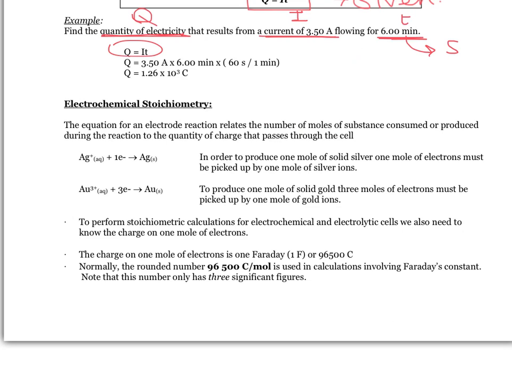So we write the formula Q equals I times T. Current is 3.50 amps, and time is 6 minutes times 60 seconds per minute. You can convert it right in the question, or you can do that over to the side and then plug it back in. Doesn't matter.